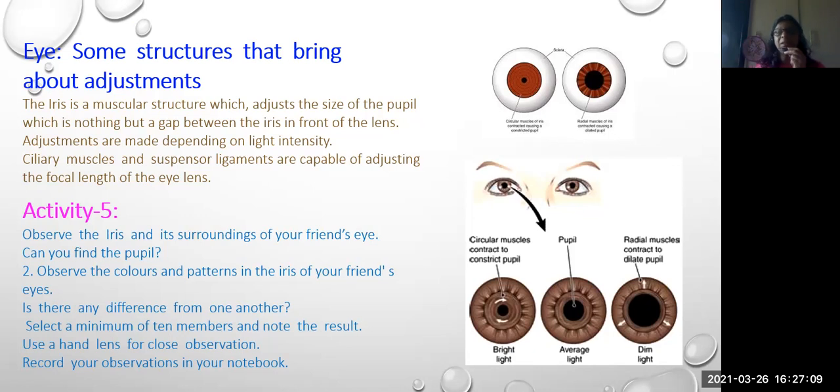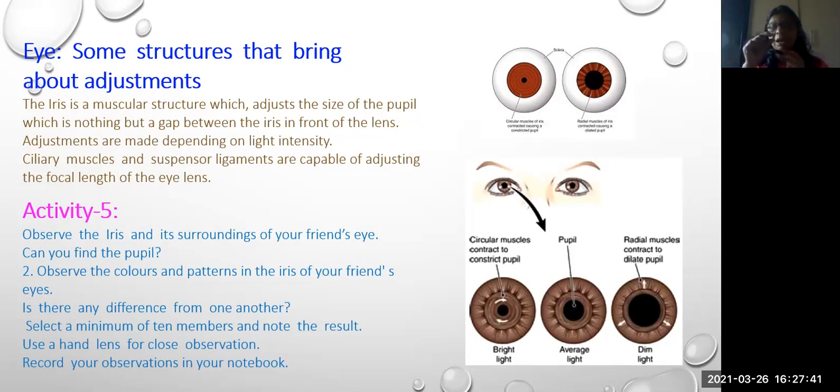Okay. So like that, there is the adjustment in the iris part because of what? Circular and longitudinal muscles. In the same way, this activity goes on even in the lens, the adjustment of the lens. When we see far away pictures or images, then the lens size will decrease.